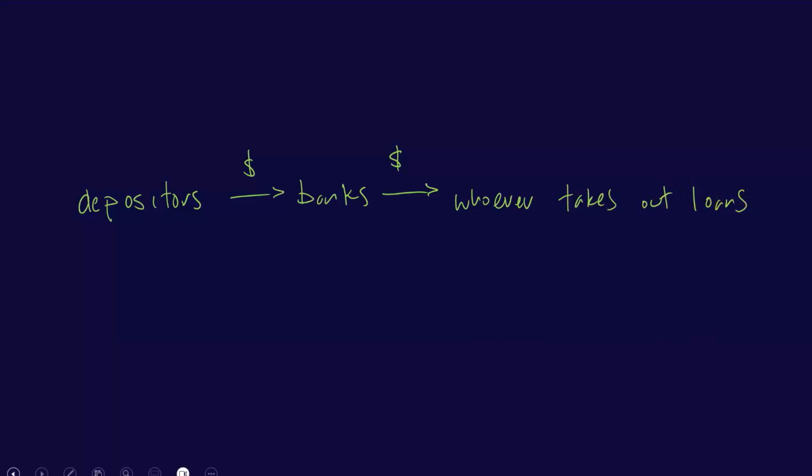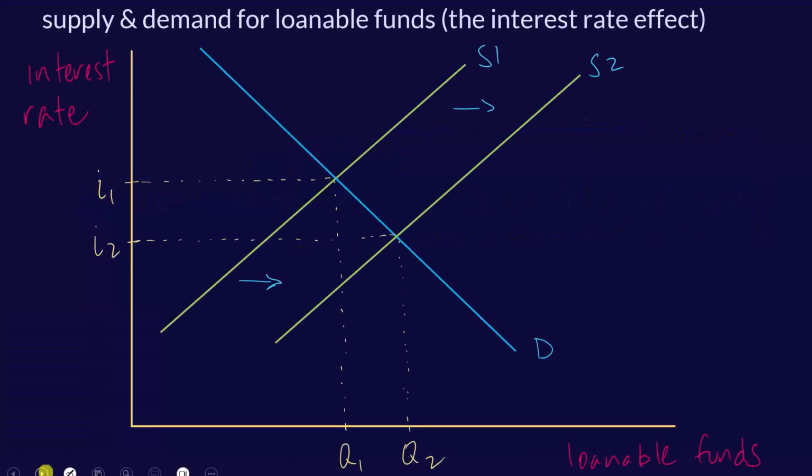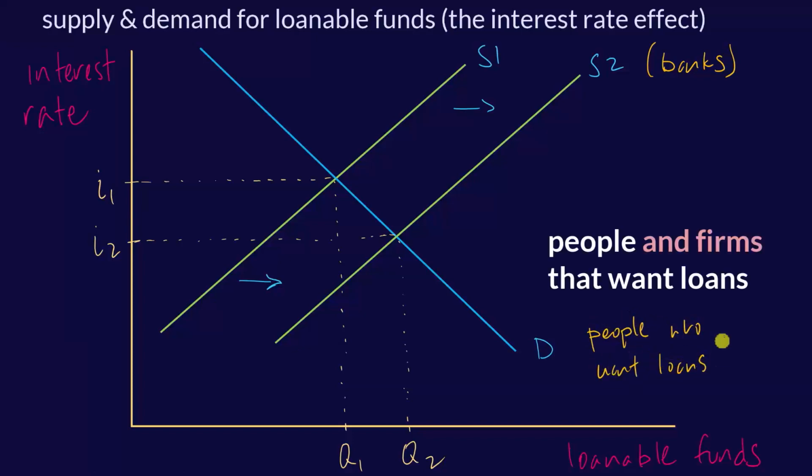All right, so when we think about this part of the process here, the banks have the supply of loanable funds now, and it's people who want loans that are on the demand side. It doesn't really change too much.